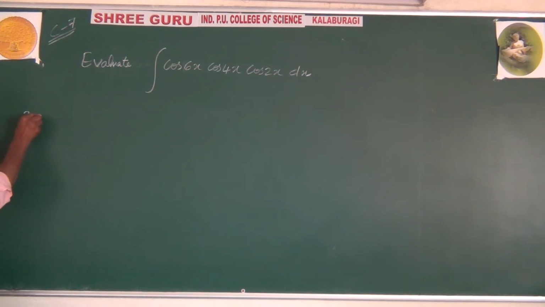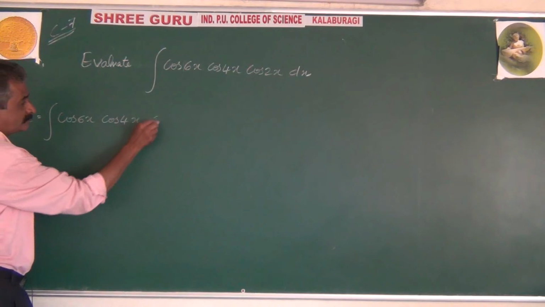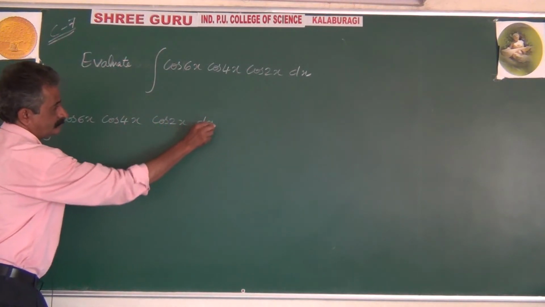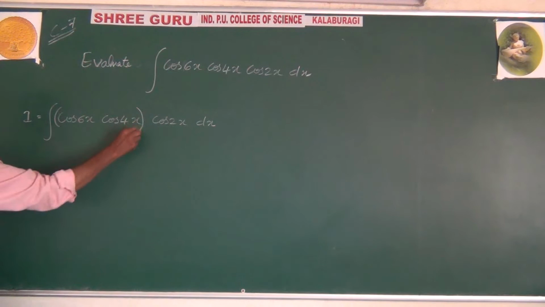First step, take I. Let I equal to integration of cos 6x into cos 4x into cos 2x. Better write these two terms, or any two terms, in a bracket preferably.